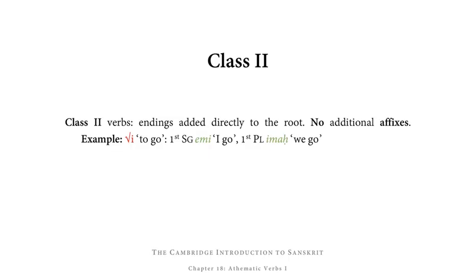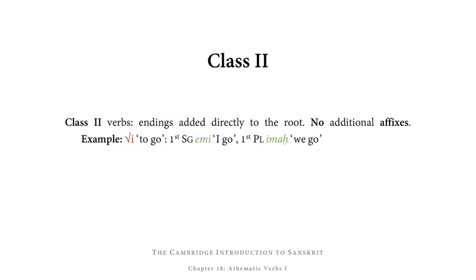So let's begin looking at the individual athematic verb classes. First up is class 2, and class 2 verbs have their endings added directly to the root, and there are no further affixes. So, for example, of the root i, to go, which we just saw, we have a first singular emi, I go, and a first plural imaḥ.